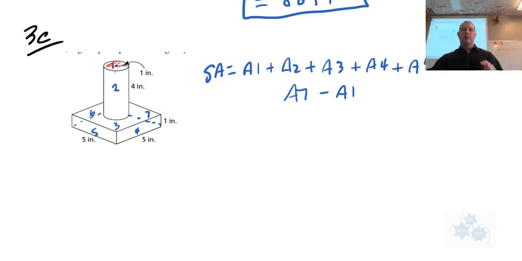So I've labeled all these exposed surfaces by numbers. The top part is 1. This wraparound is 2. The top face of this square prism is 3. And then the sides are 4, 5, 6, and 7. So there's 7 surfaces. Now, what you have to just remember is that this part right here underneath the cylinder is covered up.